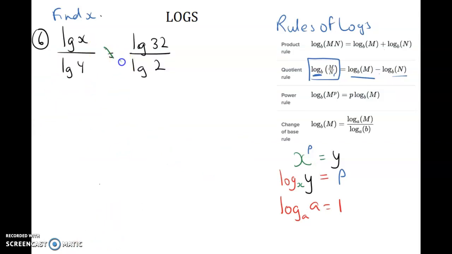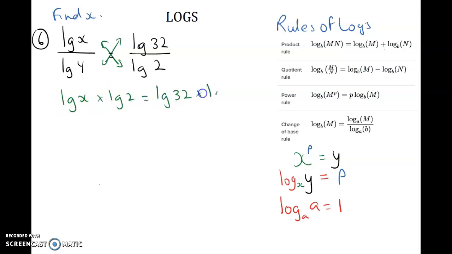So I will cross multiply. Cross multiplying now, I will get log of x times log of 2 would be equal to log of 32 times log of 4. Now all these will work out to be long values, right? So that simply means log of x is log of 32 times log of 4 over log of 2.